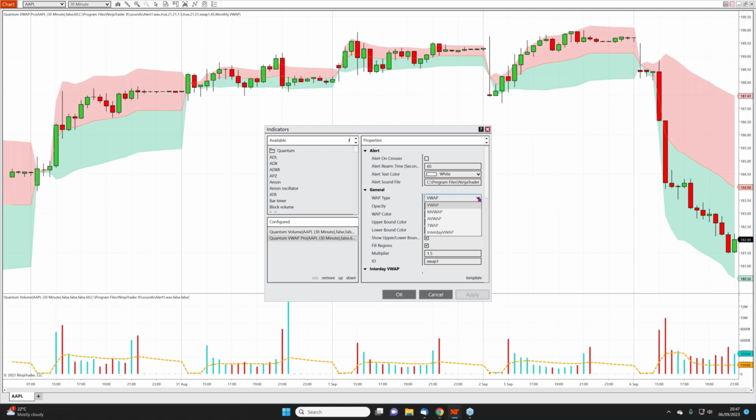So there are 5 variants that we've developed, which come in the one indicator. You select which one you want. There's the traditional VWAP, which is the one we're looking at here, where the indicator resets automatically at the start of the new trading session. The next one is the moving VWAP, which essentially continues the VWAP across the sessions.